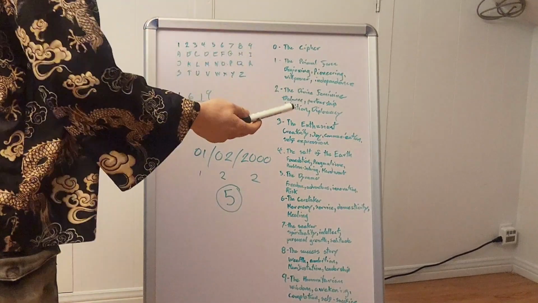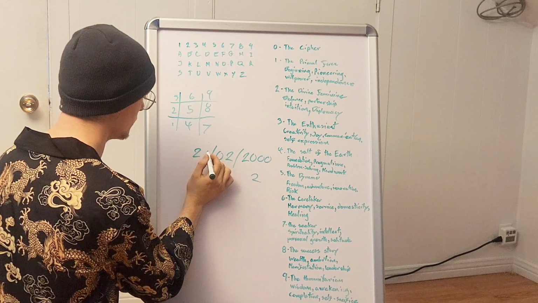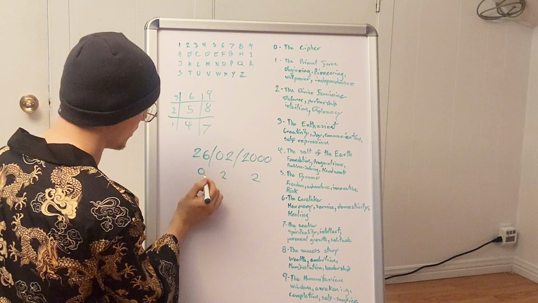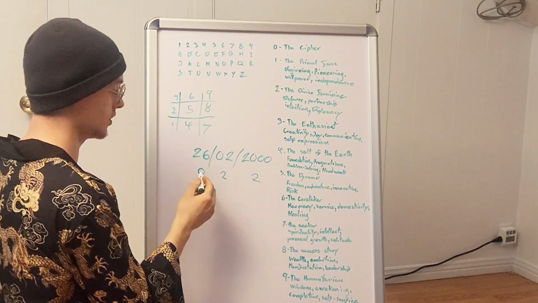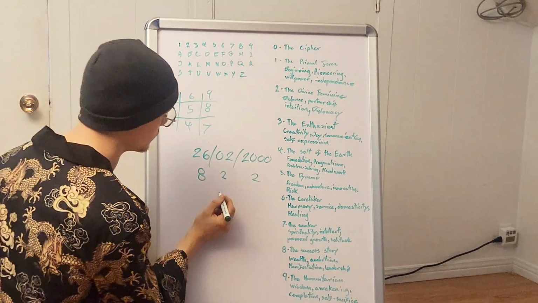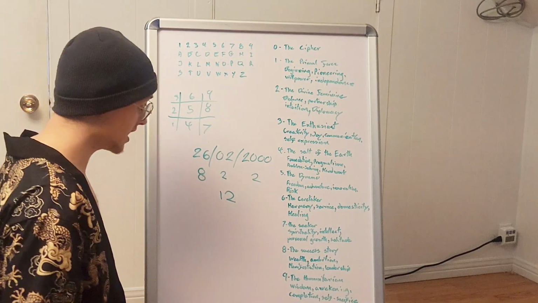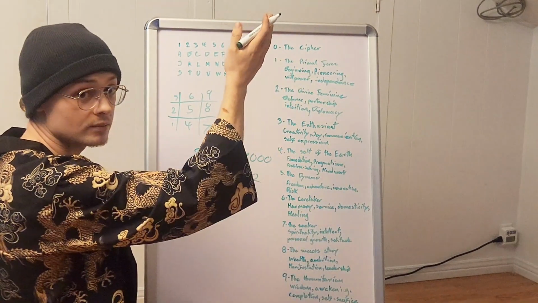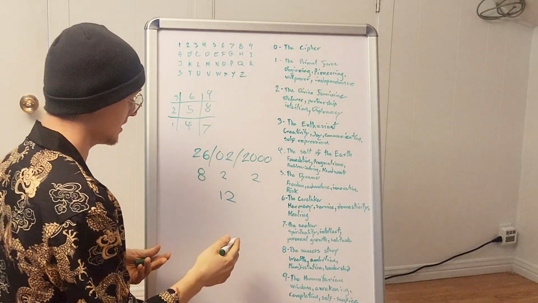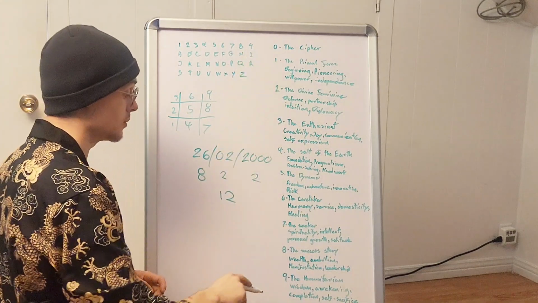So let's imagine you were born on the 26th. So you equal an 8 here. Plus 2, that would equal 12. Then you tell me, what does the 12 stand for? It's not right over there. So you have to be sure that you always end up with only that kind of number.